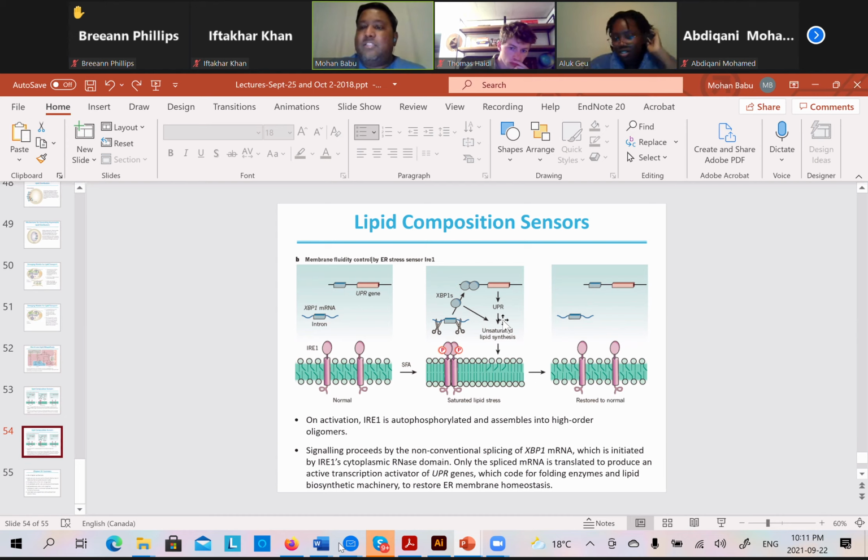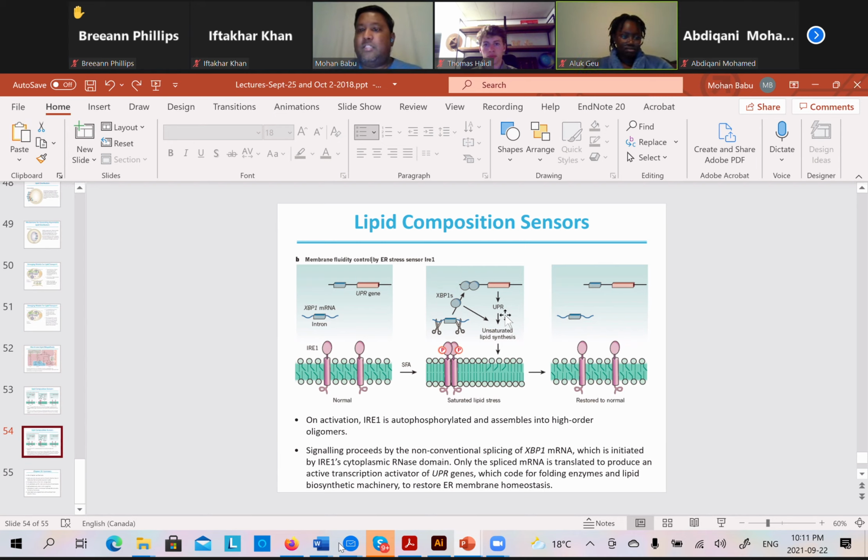So restoration means if there is a disturbance in the membrane dynamics, you need to bring the disturbed membrane back to its normal state. That's what it means, by unfolding proteins. That's right, because the unfolded protein response genes have to be activated, because they are the ones that control the majority of the homeostasis. Oh, okay.